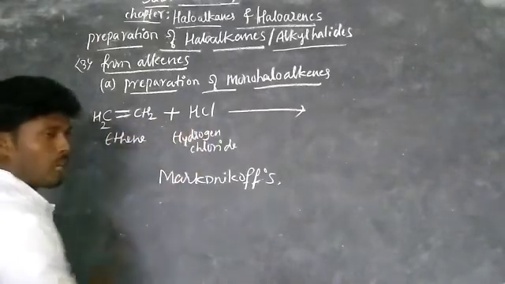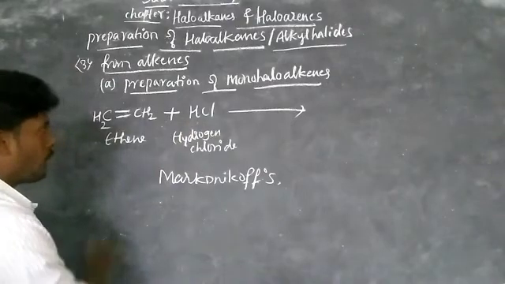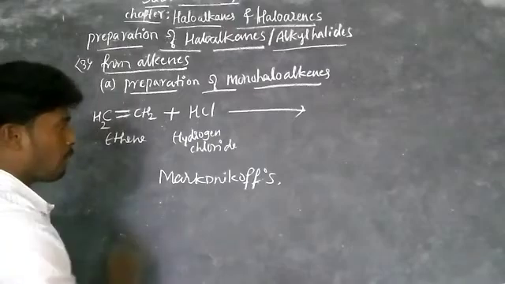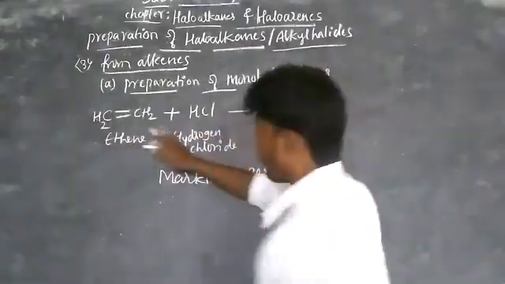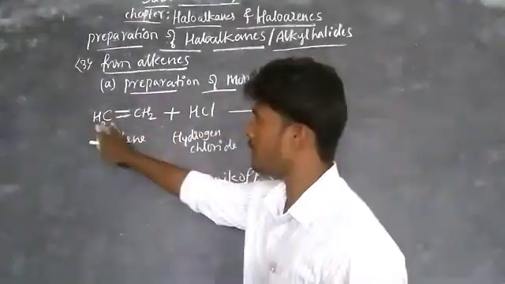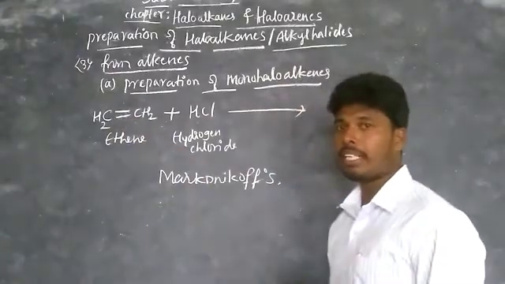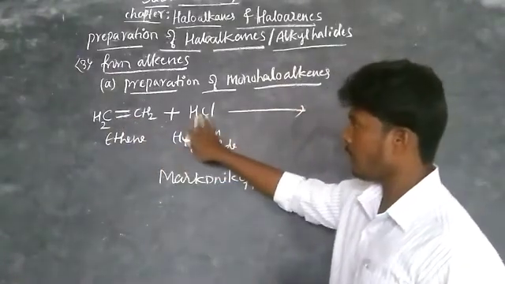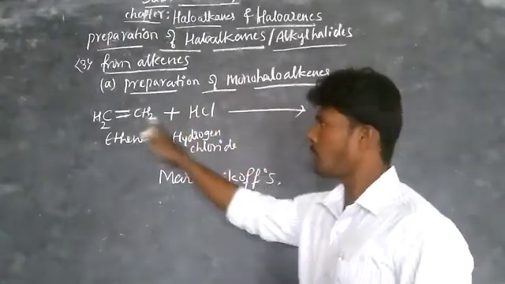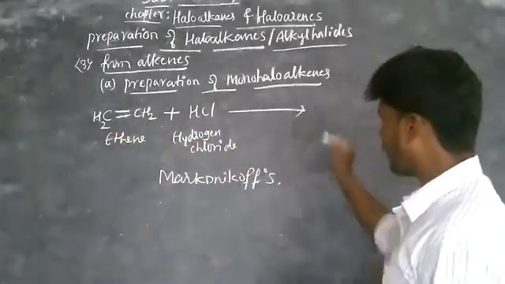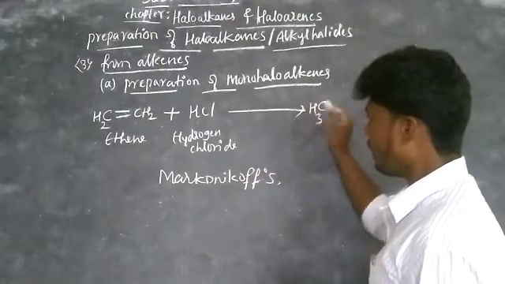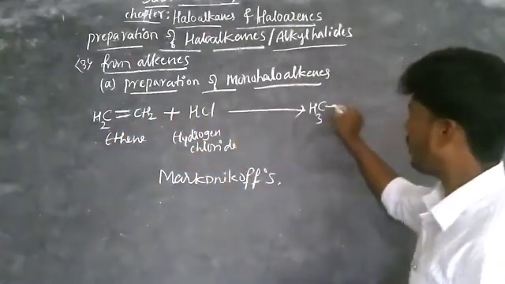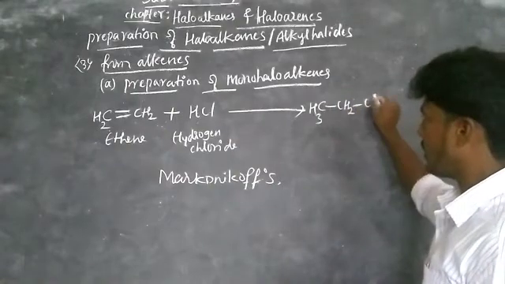Similarly, the negative part, that is the chlorine atom, gets attached to the carbon that contains the least number of hydrogens. That is called Markovnikov's rule. So here both carbons contain the same number of hydrogen atoms, hence Markovnikov's rule doesn't apply. Therefore, H is added to one carbon and chlorine is added to the other carbon. You get CH3 bond CH2 bond Cl.